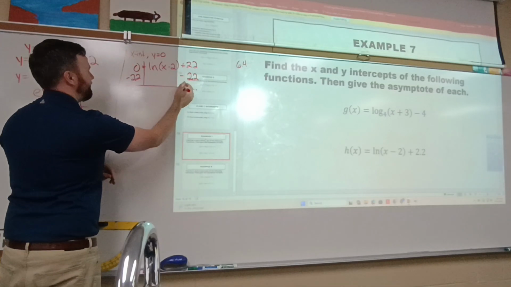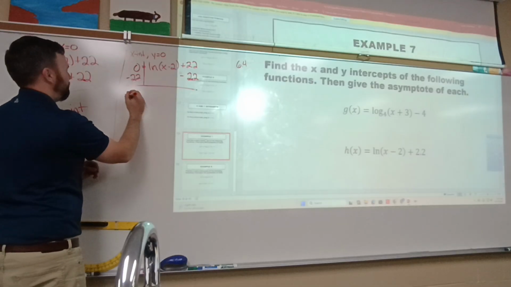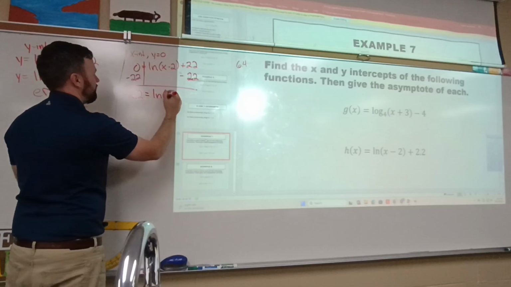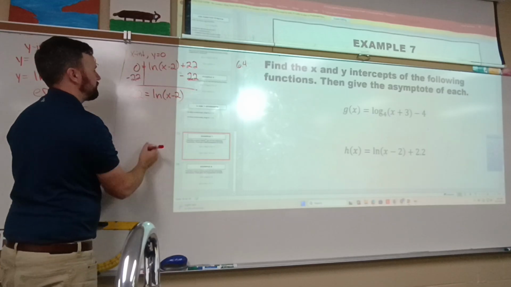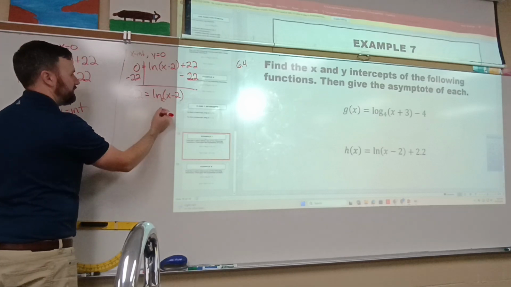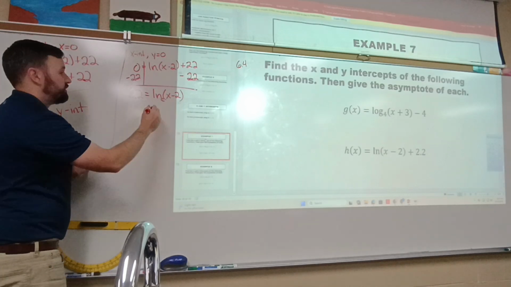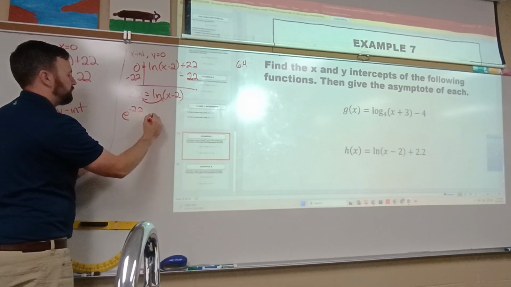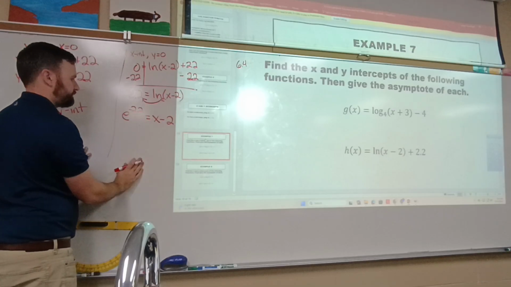What's my base in natural log? How can I cancel a natural log? My base is e. So I can do e to the negative 2.2 equals x minus 2.